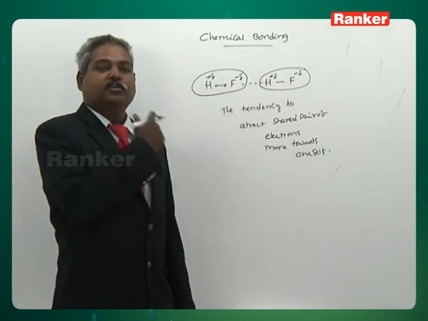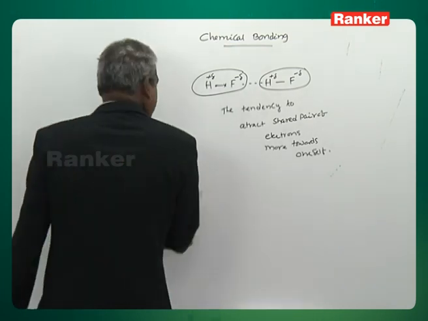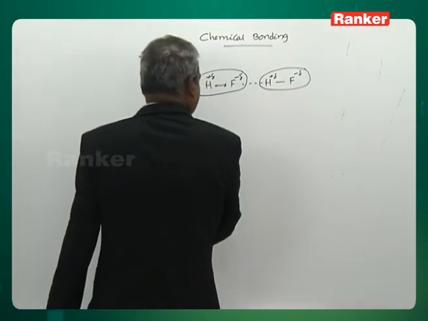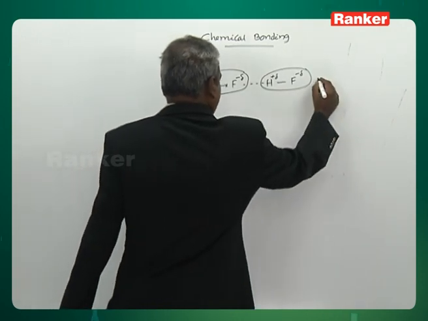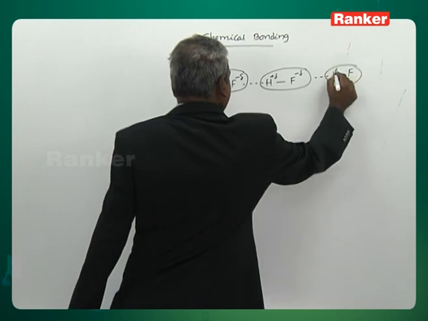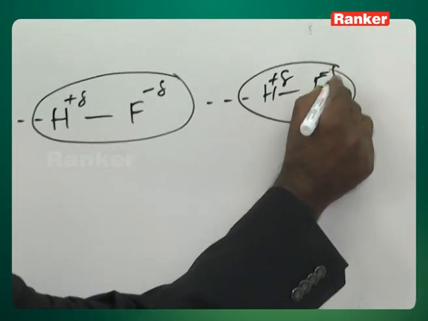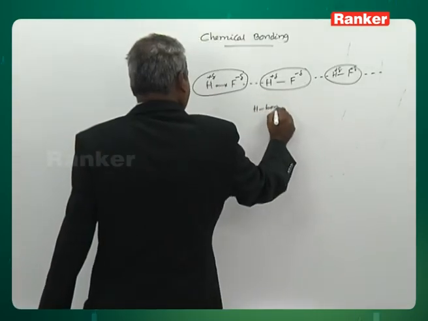This is called hydrogen bond. Because of the hydrogen bond, molecules are strongly attracted. HF, HF, HF: there is a strong force of attraction between molecules of HF, plus delta, minus delta. So, this is hydrogen bond.